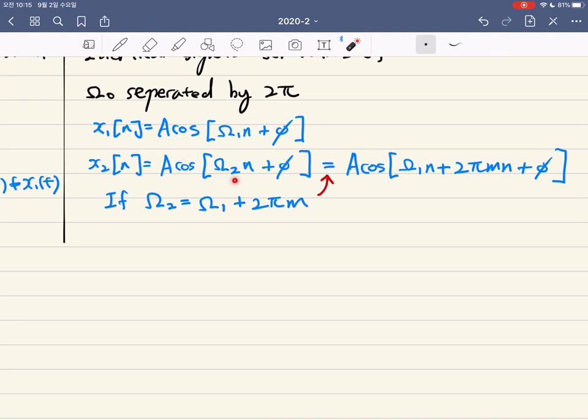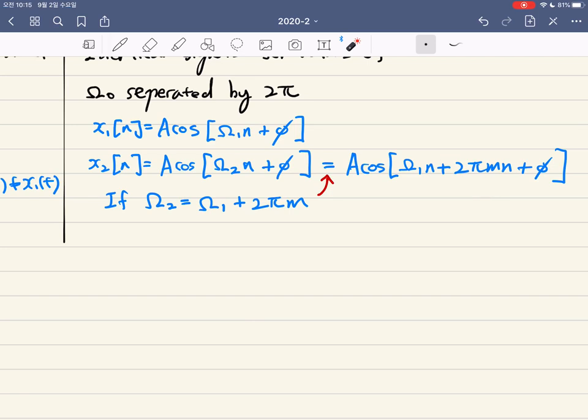If you insert this value into the large omega 2, you can get this equation. Since m is an integer and n is an integer, this value is the multiplication of 2 pi and an integer.